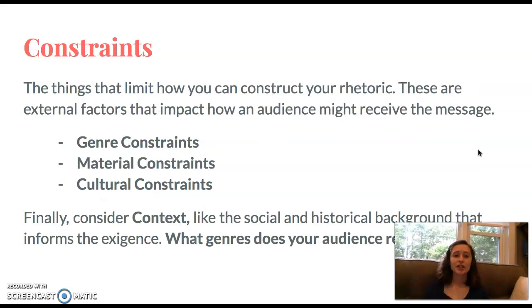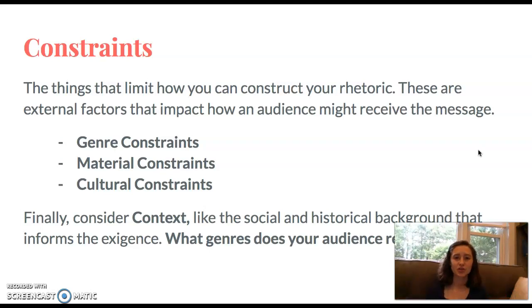You also want to think about constraints. So these are things that limit how you can construct your rhetoric, or external factors that impact how an audience might receive the message. So there's genre constraints surrounding how you're writing this thing or how you're communicating it.